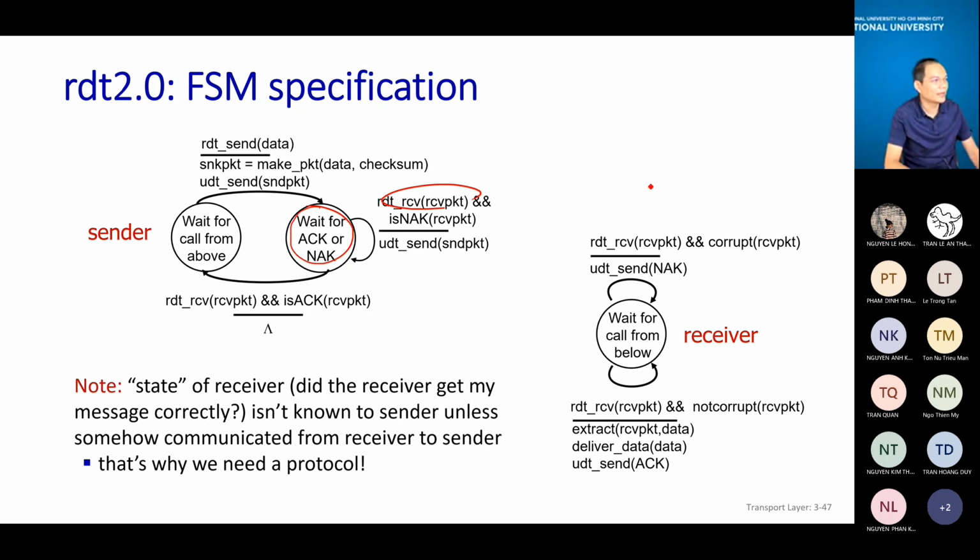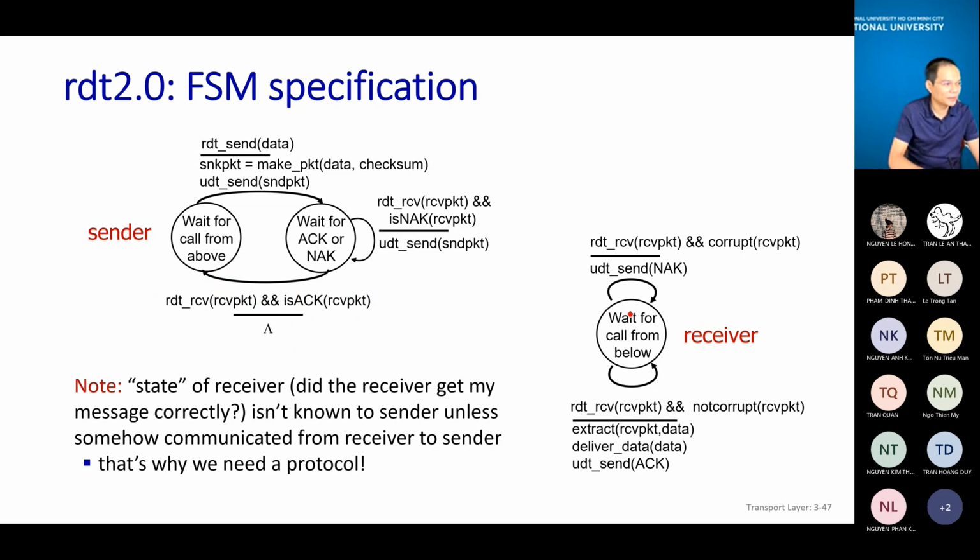If the packet that we just received is a NAK, negative acknowledgement, then we resend the packet. Otherwise, if the packet is an ACK, it means everything arrived successfully, 100%. Then we simply change to this state. We don't need to take any action, because there's no point.